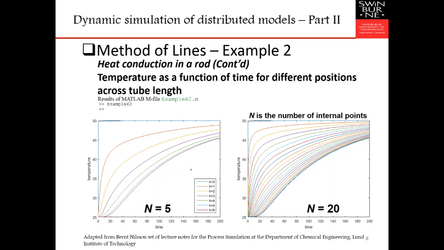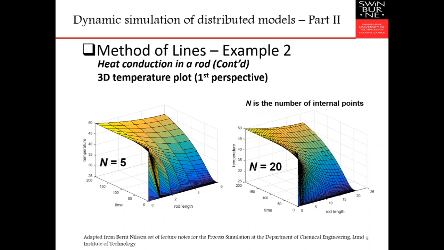So this will be the result of the temperature versus time at different positions. The one on the left hand side is if we take the 5 internal points. The one on the right hand side is if we take 20 internal points. And then we can also plot it in terms of the 3D plot, where we have the temperature here, the time here, and the rod length here.